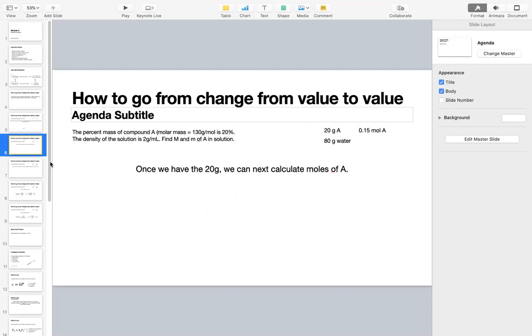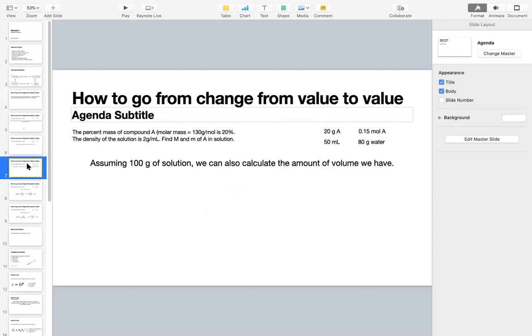After we calculate moles, we can also calculate the volume based off of our density. We know that we have 100 grams of the solution, and for every 2 grams of solution, we have 1 mL.